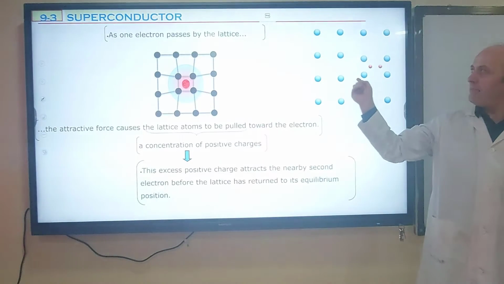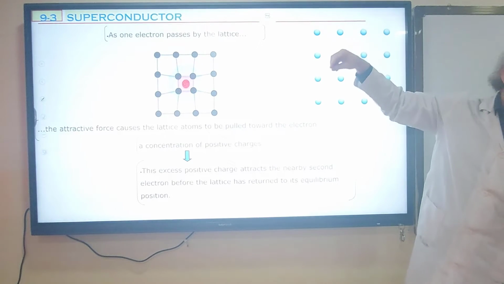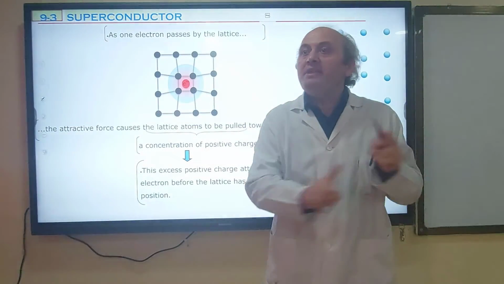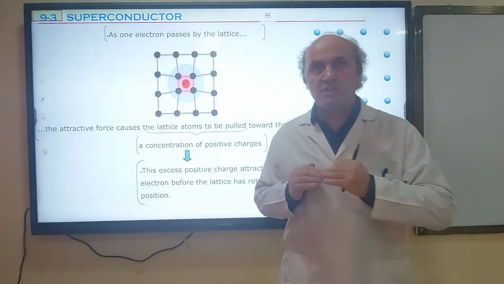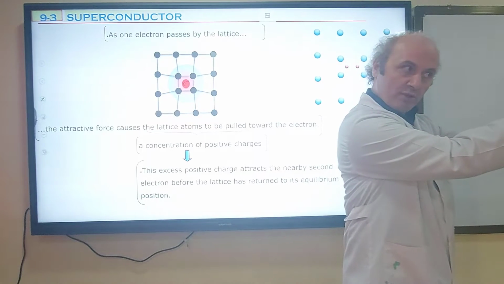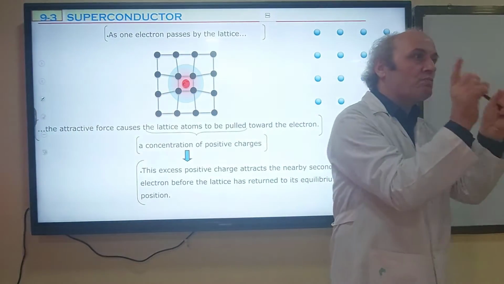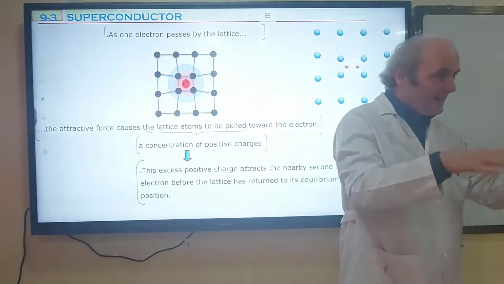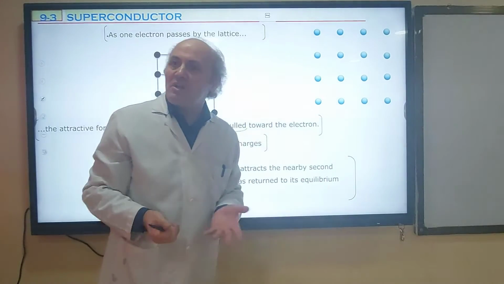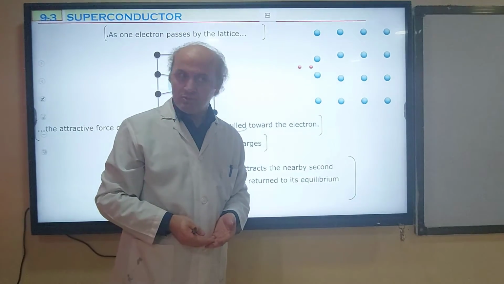First momentum is given to the lattice by the first electron, but later the lattice gives the same momentum to the second electron coming at the back. The Cooper pair's momentum never decreases. First given to the solid, then taken back from the solid. That's why the total momentum of the Cooper pair does not change as they collide with the solid. If momentum does not change, they don't lose energy. If they don't lose energy, resistance is zero.